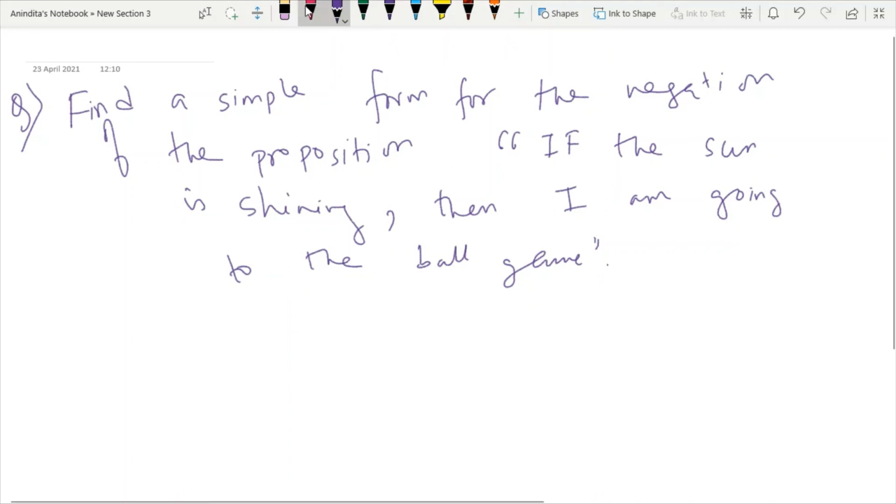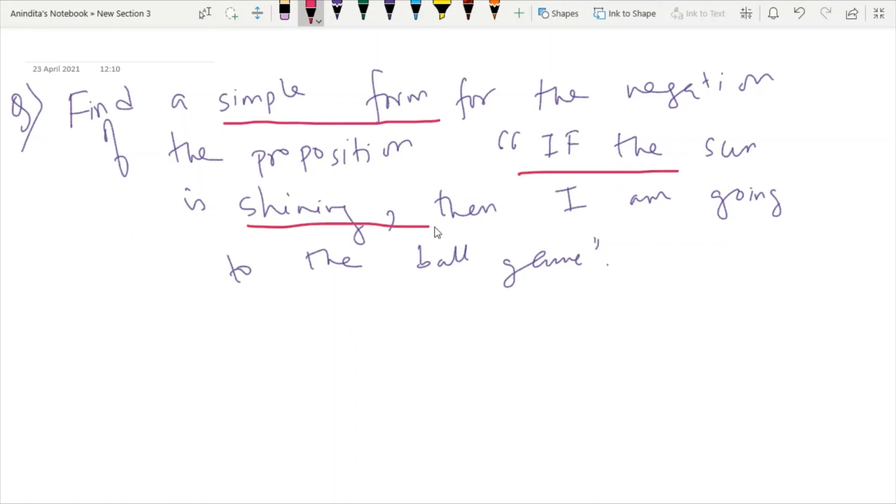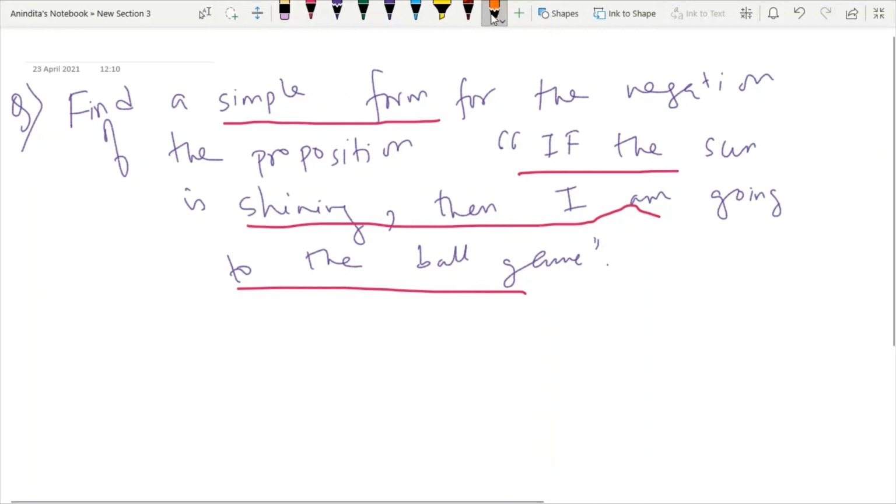So, what is the problem? Pay attention. You have to find a simple form. Simple form means simpler representation for this given expression. Just in the previous section, I was discussing that sometimes a problem will be given like this.